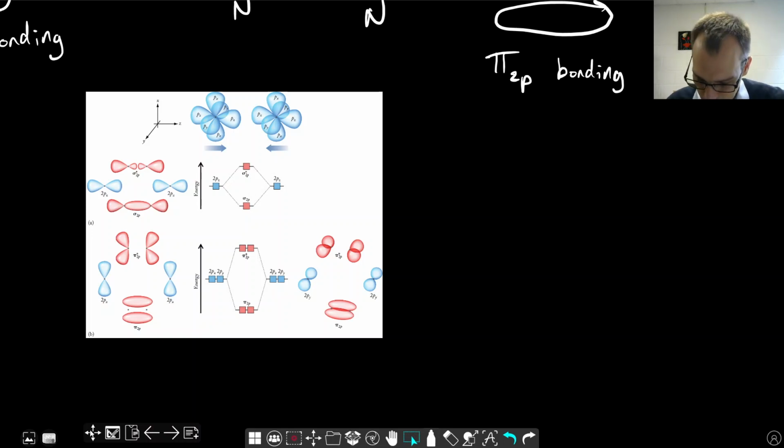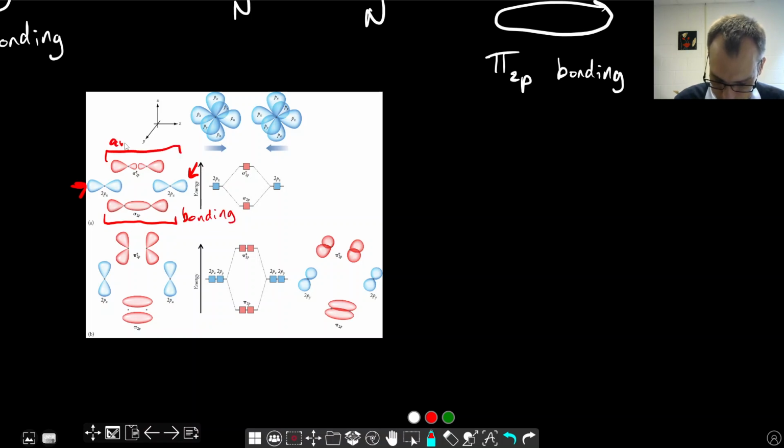So this is our depiction of our orbitals here. On the top, we have our two pz orbitals. This represents the orbitals before they combine, and then once you add them together, this is our bonding orbital right here, and this is our anti-bonding orbital here.